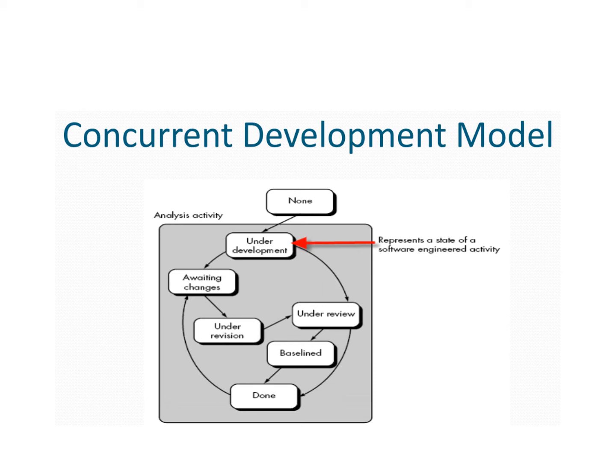If the customer wants some changes to the design, then communication goes to awaiting changes and design goes to the under development state again. The benefit of this model is that project managers know what state each phase is in and why. The main point is to maintain information about each phase at the activity level.